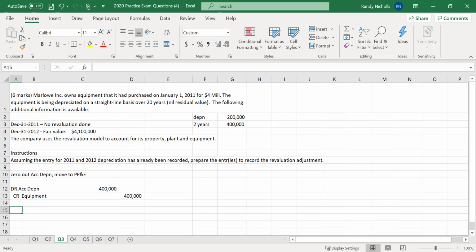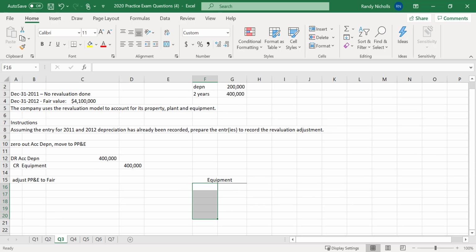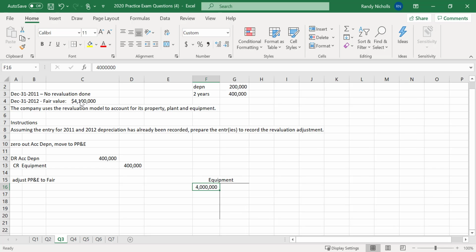Okay, and then step 2 is adjust the PP&E to fair value. And I guess here we'll do a quick little T account. I initially put 4 million in here. When I did the first part of the revaluation adjustment, I put a $400,000 credit in.